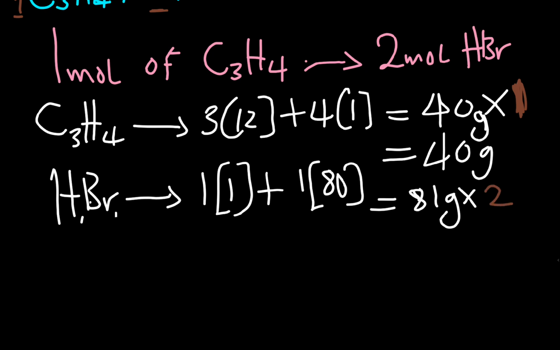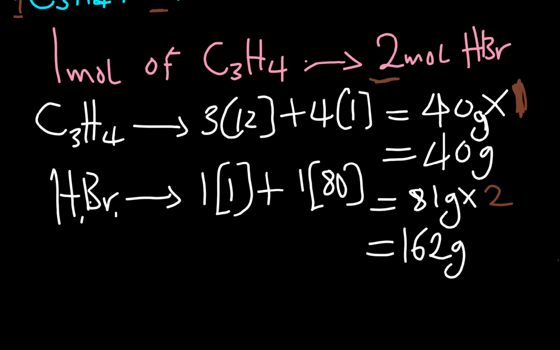The 2 is our number of moles of hydrogen bromide, gotten from the balanced equation. Multiplying everything by 2, 81 times 2 gives 162 grams of hydrogen bromide.